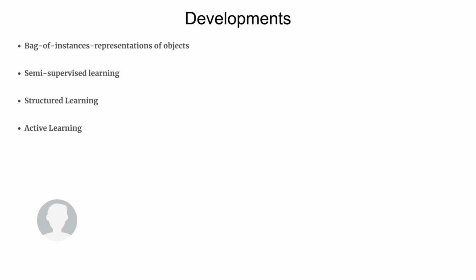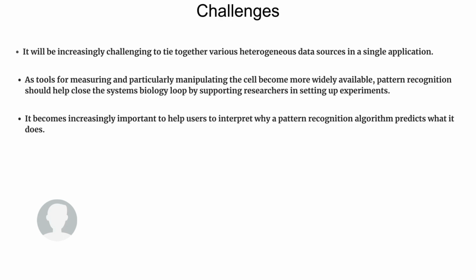Next, we will talk about some of the major challenges we face in the developments in pattern recognition. So new challenges in biology also promise to place new demands on models and algorithms.